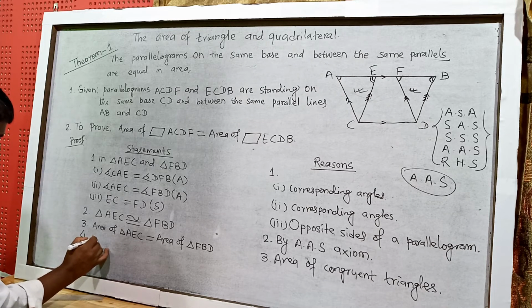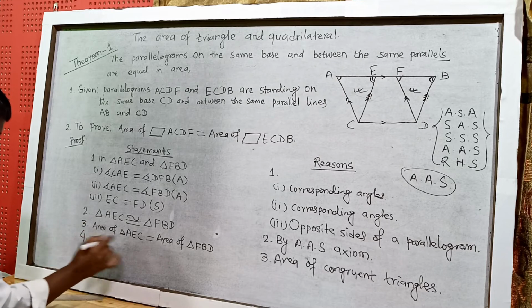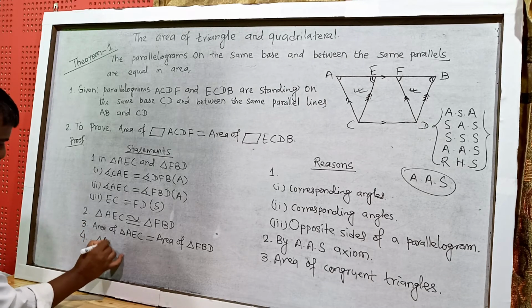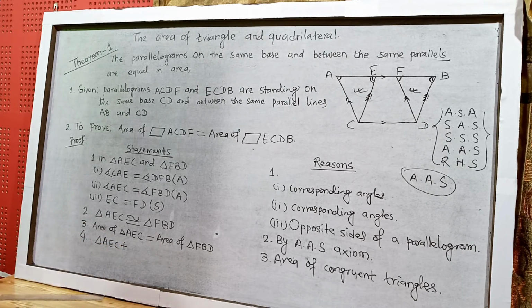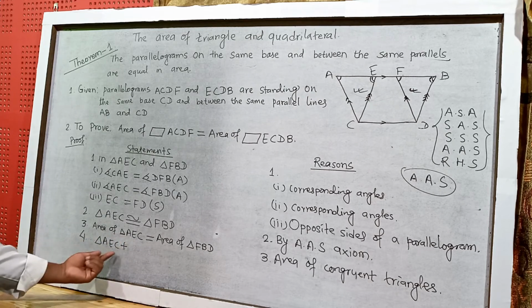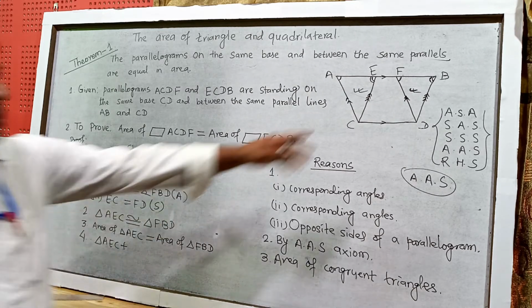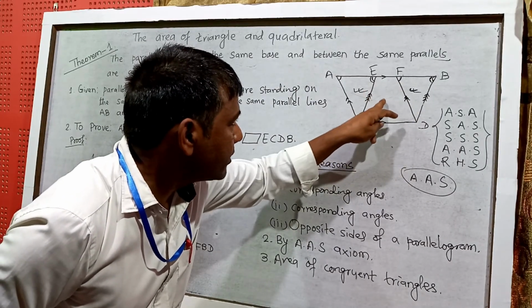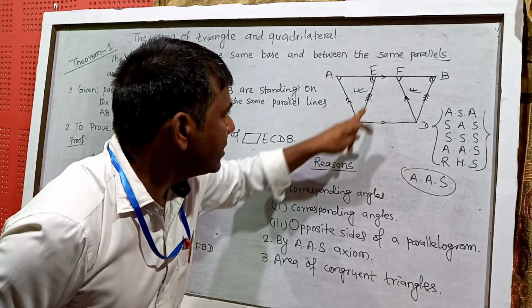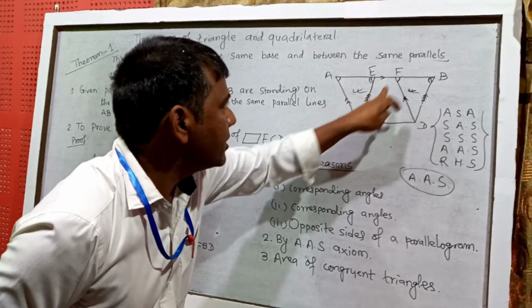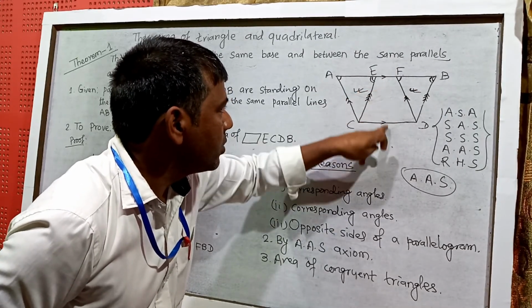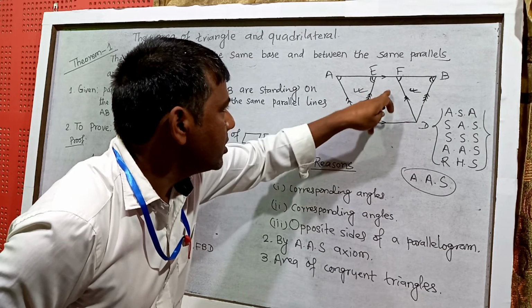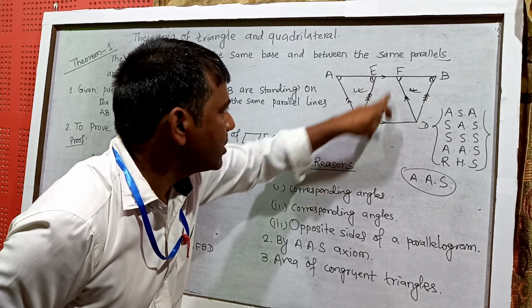Then in 4 number, now triangle AEC, let's add the trapezium on this side. In between these two triangles, look, there is a trapezium ECDF. It is a trapezium because it is a quadrilateral in which one pair of opposite sides are parallel.